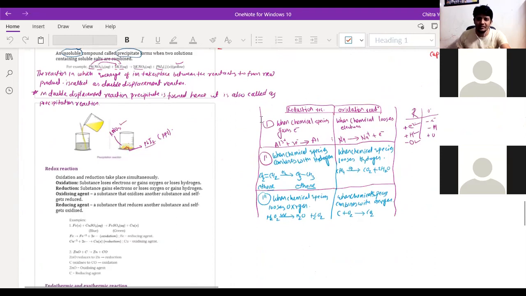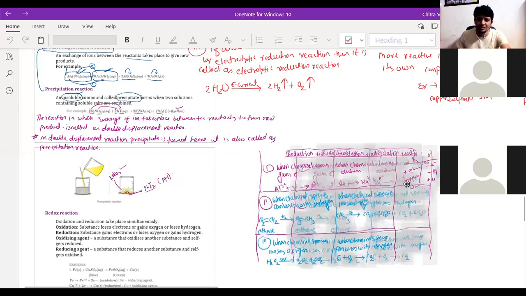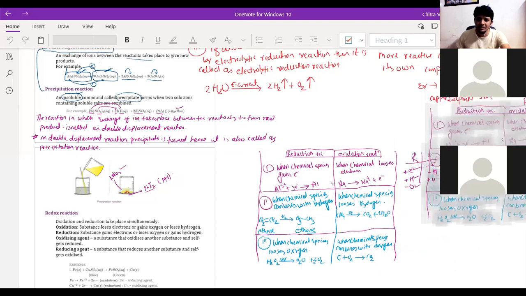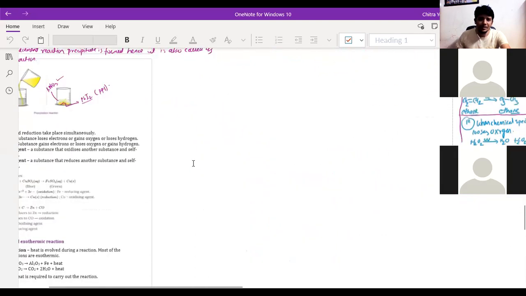These are the points. So today we are going to discuss the redox reaction, which is very important. I'm just going to shift this part a little aside so that we will get place for discussion. So here we are going to start our session today.